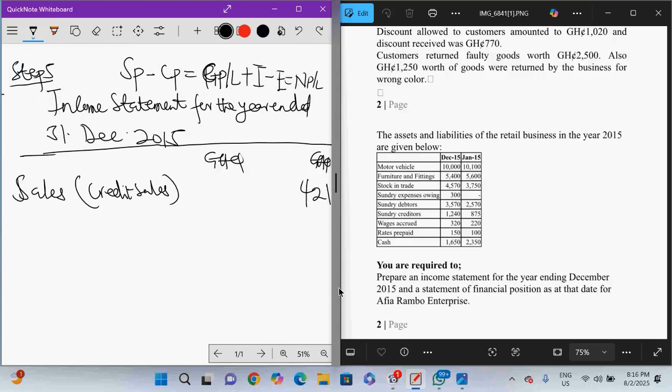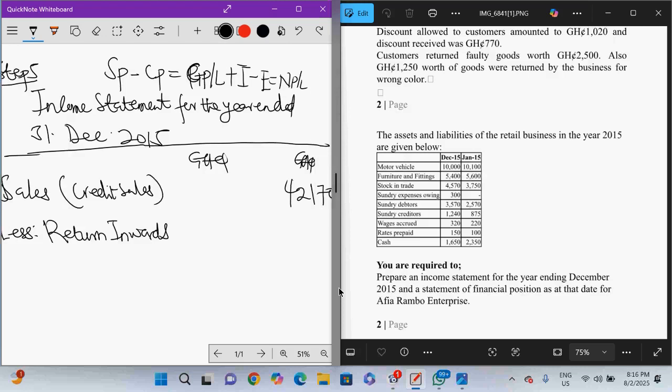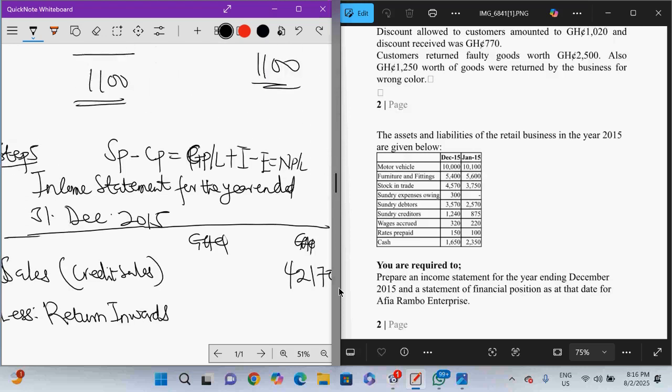Is there any return? I think I saw something like that. Less return inwards. What is the amount for the return inwards?